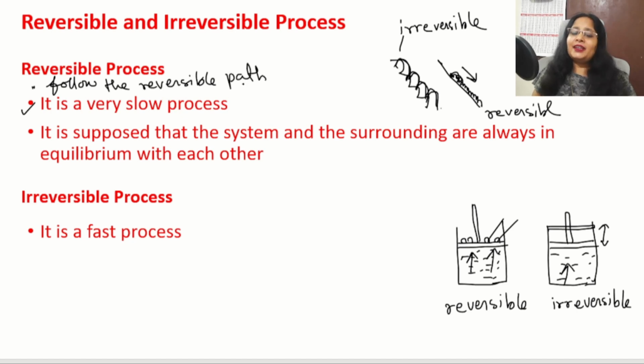It means at any time during the process we can reverse the process, because the process is very slow, or we can say it takes infinite time to complete the process. If it takes infinite time to complete, it means it is a very slow process, and at any moment of time we are able to reverse the process.